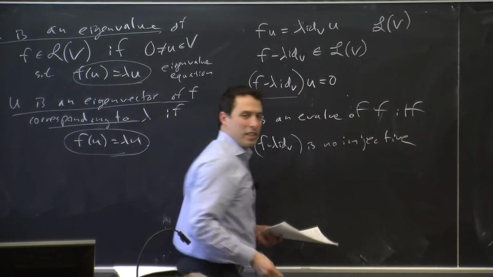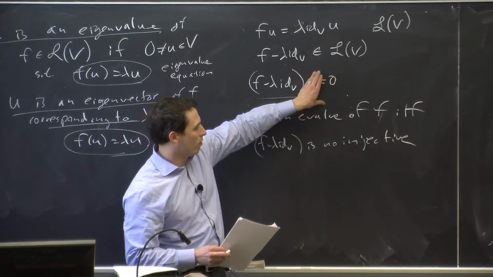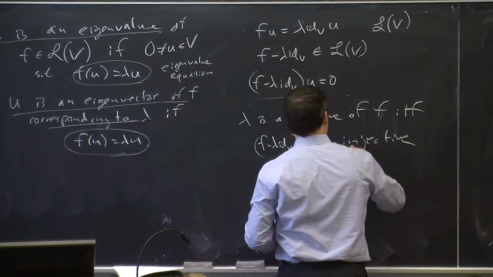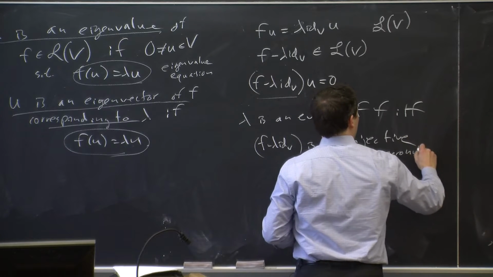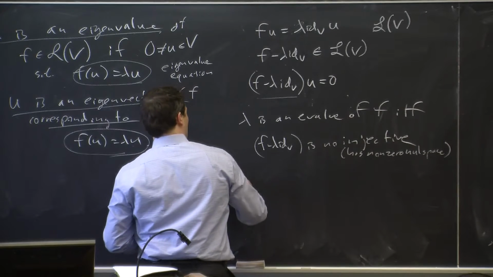Right? For it to be not injective means there exists a non-zero u such that when I apply this operator to u, I get 0. It has a null space. Right? Has a non-zero null space. That's true if and only if that.